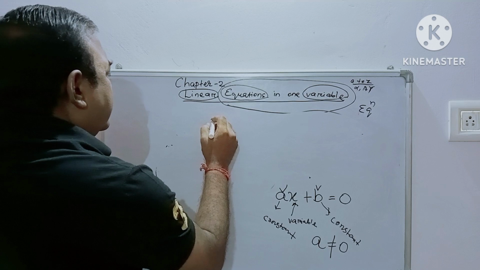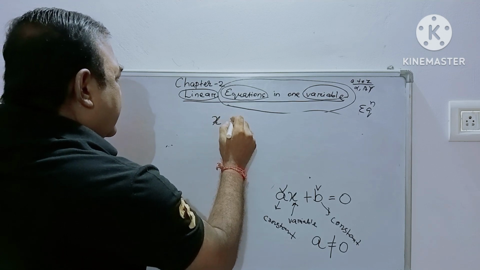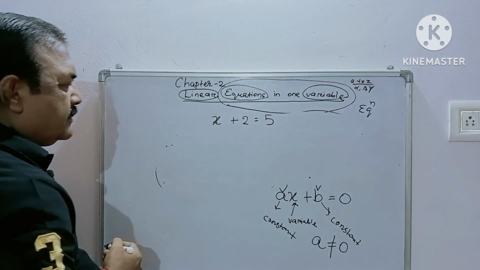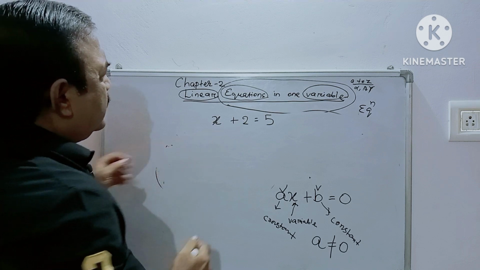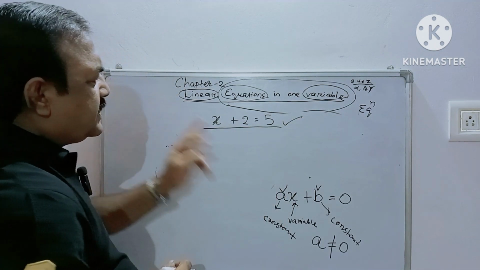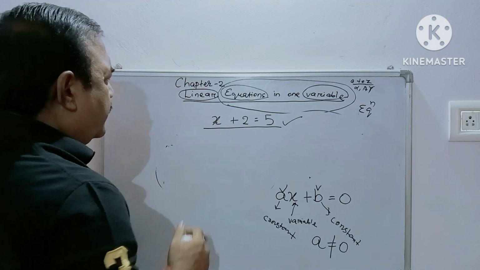So you see, x + 2 = 5. This also represents a linear equation, but it is not in standard form. To bring this equation into standard form, I have to write like this.